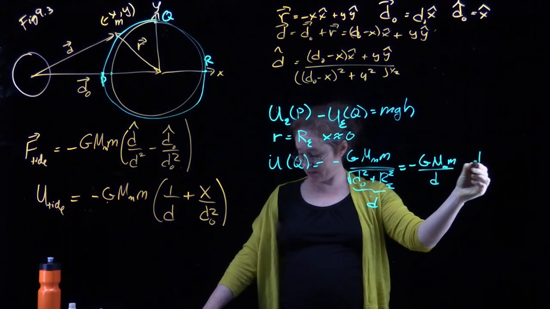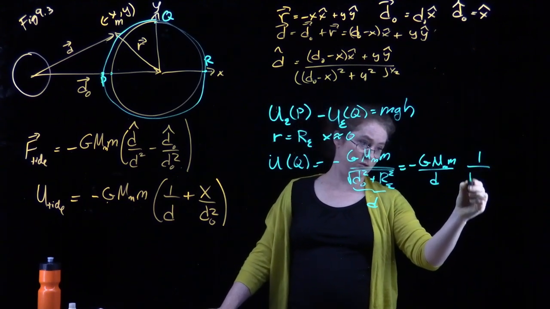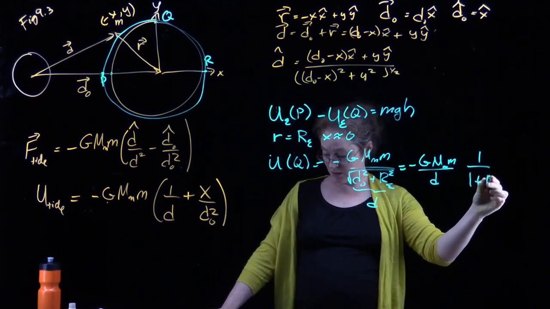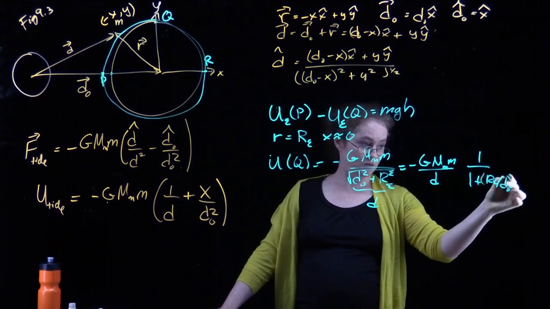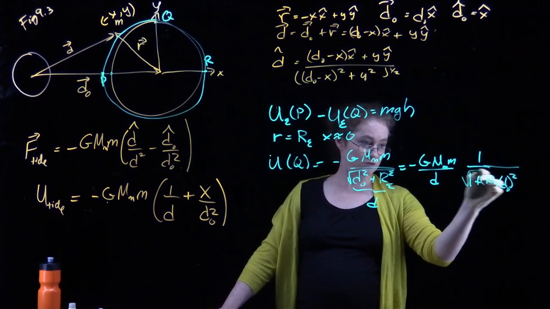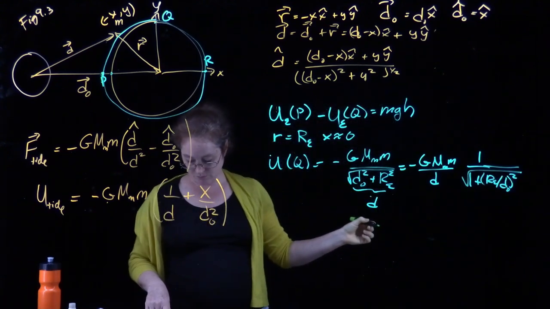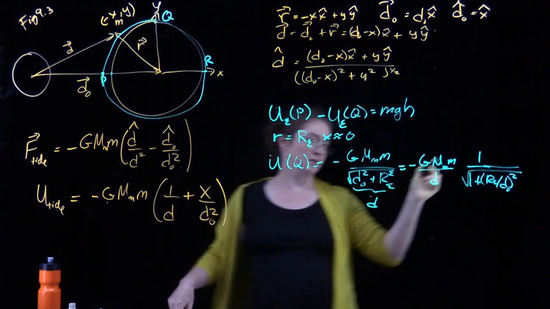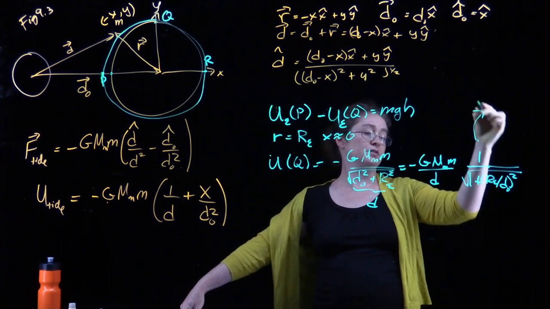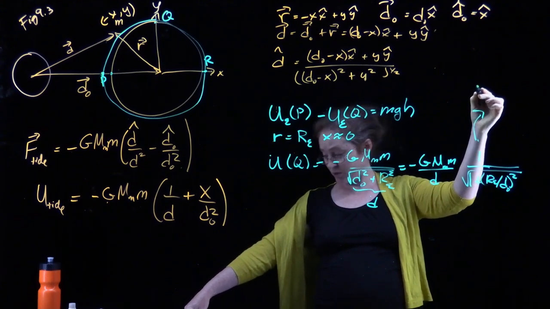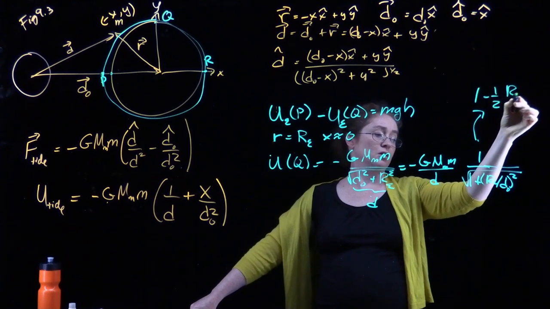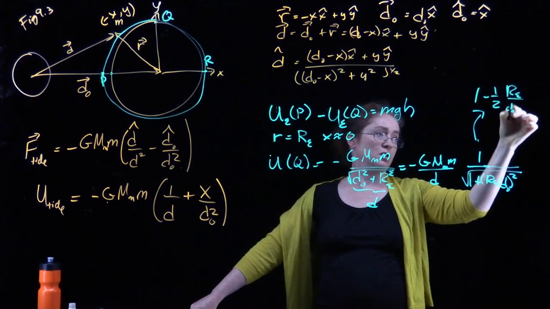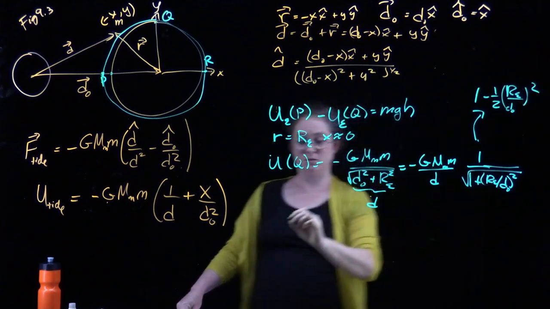And I can write this then as 1 over the square root of 1 plus Re over d naught, quantity squared. And the Taylor series of this, the first two terms are 1 minus 1/2 Re over d naught quantity squared.